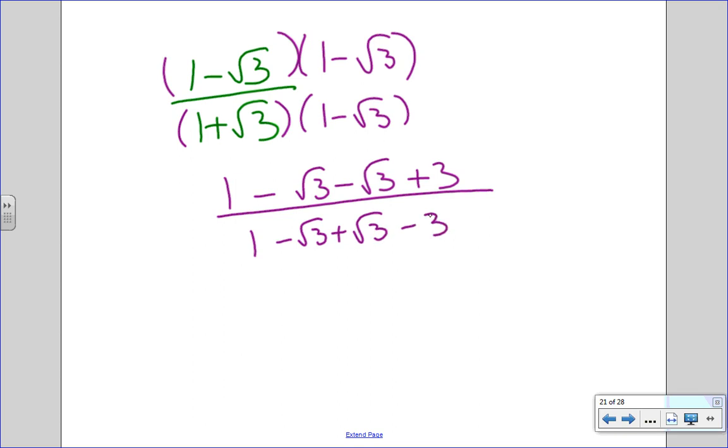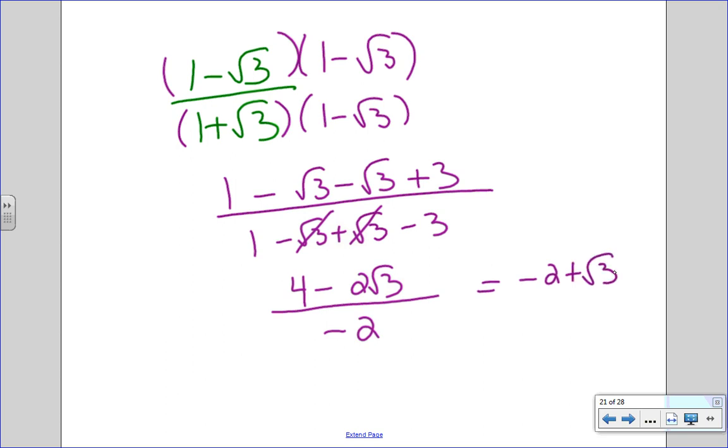So this is 1 plus 3 in the numerator, 4 minus 2 root 3's over 1 minus 3, negative 2. Let's divide all of our terms by negative 2, and we'll get negative 2 plus root 3.